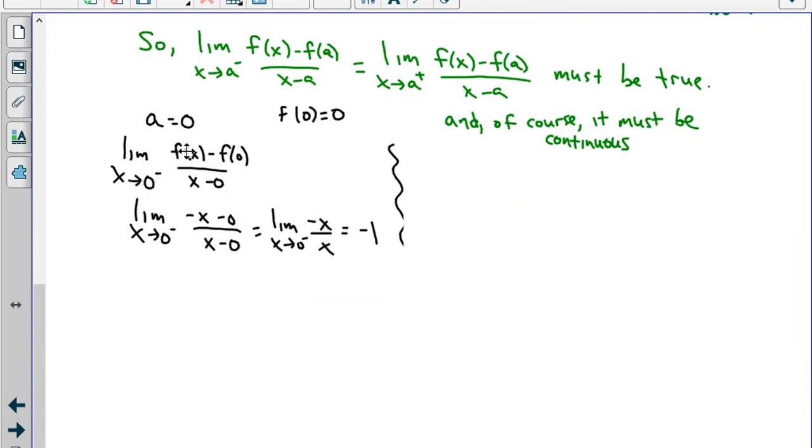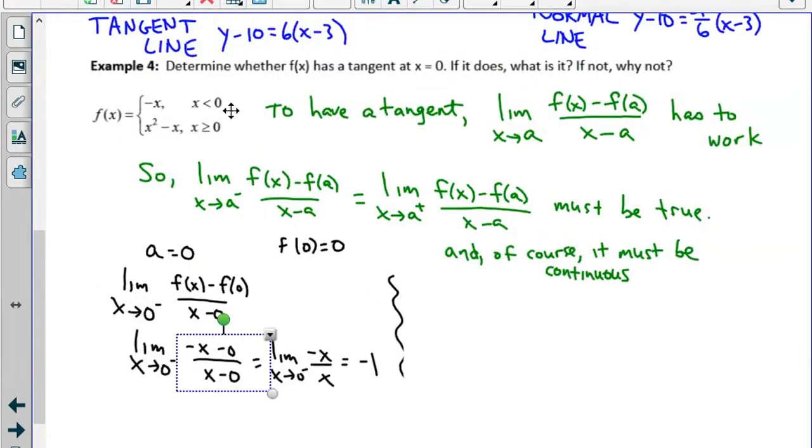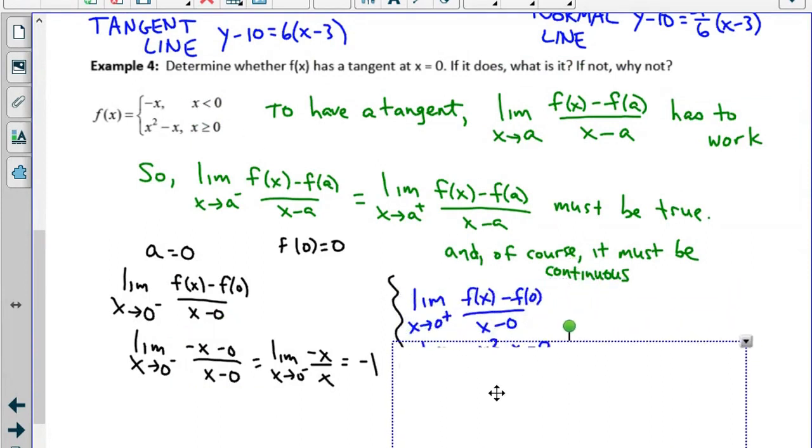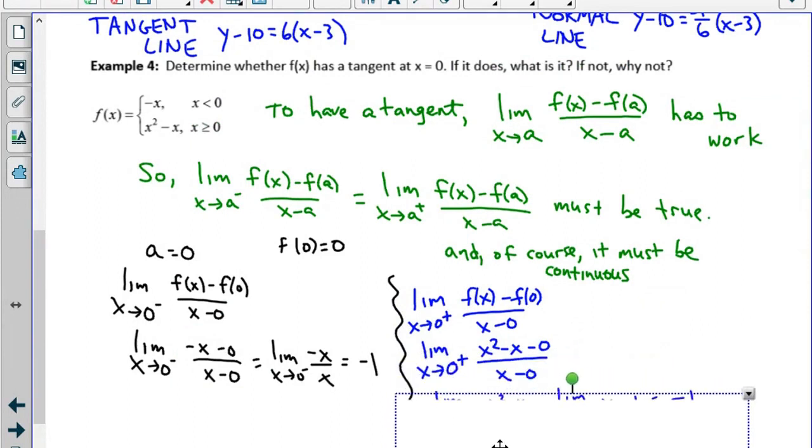Notice that when I substituted in for f of x from the left, I substituted in negative x, because when you look at the function, f of x equals -x at that value. But when I'm doing this from the right, f of x is actually going to be x squared minus x, because that's what happens when we're approaching it from the right.